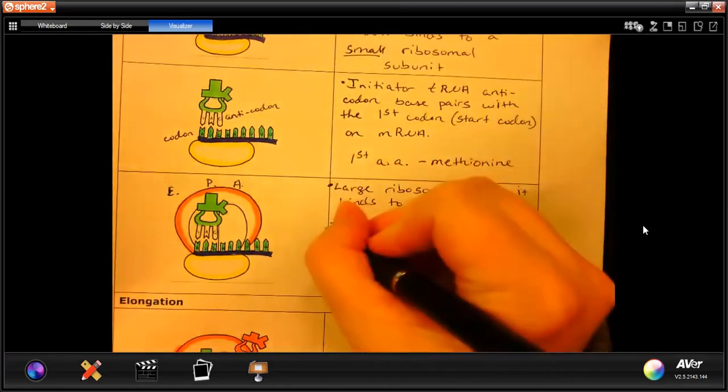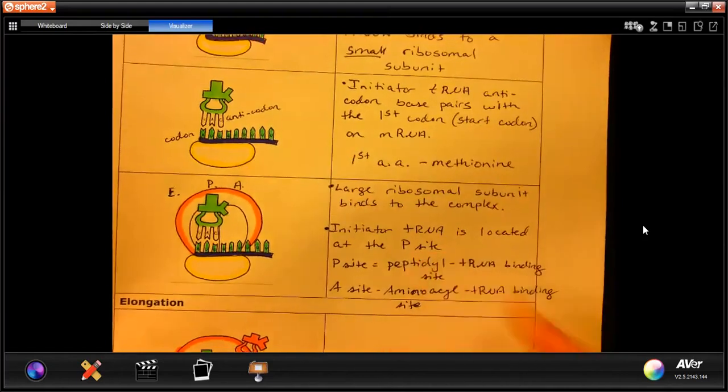The initiator tRNA is then located at the P site, P being the peptidyl tRNA binding site. And now we need another tRNA carrying another amino acid to enter the aminoacyl tRNA binding site. If you are not at this point, you need to pause because I'm going to move on.